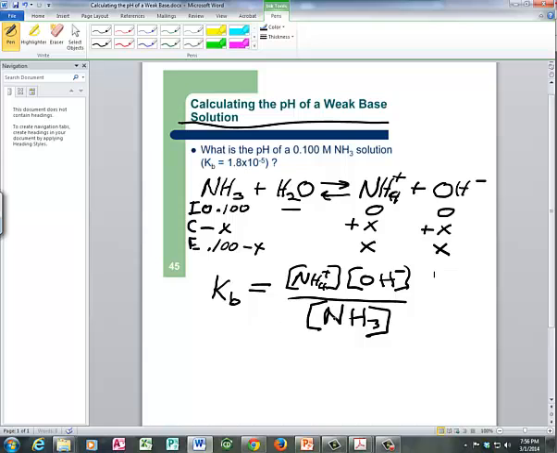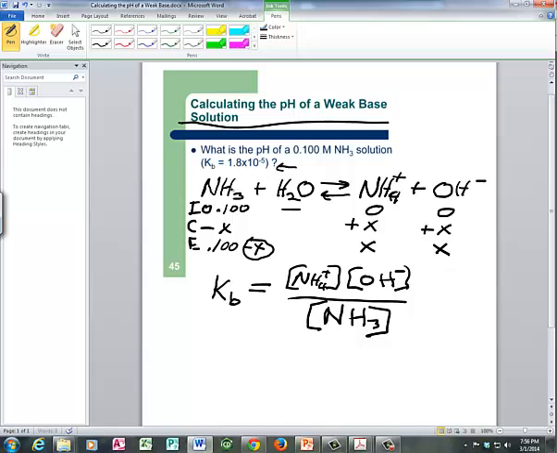Now that we've assembled our equilibrium constant expression, we want to see if we can simplify our math so that we don't have to employ the quadratic formula. Just like in the weak acid calculation, we're going to examine X relative to the starting concentration by comparing the initial concentration of ammonia to the Kb for ammonia. We see that the Kb for ammonia is very small, 10 to the minus 5.